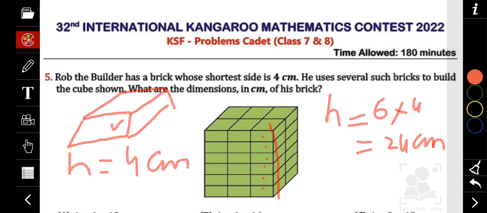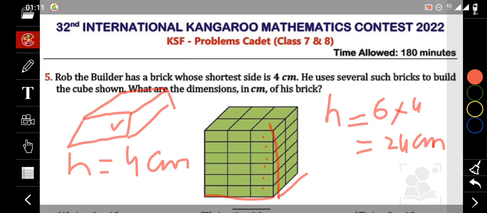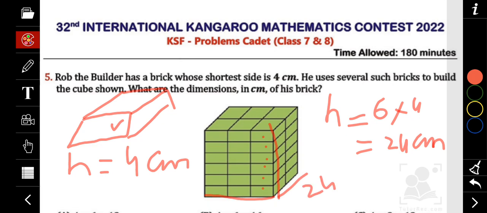Okay, if this is a cube, that means its remaining two dimensions would be the same, means each of these would be 24 centimeters. Then let's see what is going to be the dimension in the other two dimensions, like the front one and the side one.